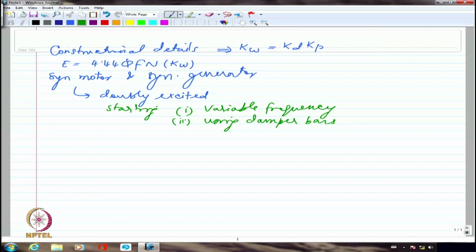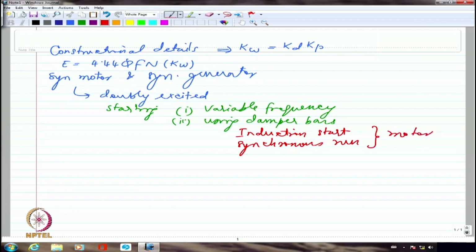So, I would call that torque as induction torque. So, these motors are induction start, synchronous run motors. So, these are the two methods of starting.